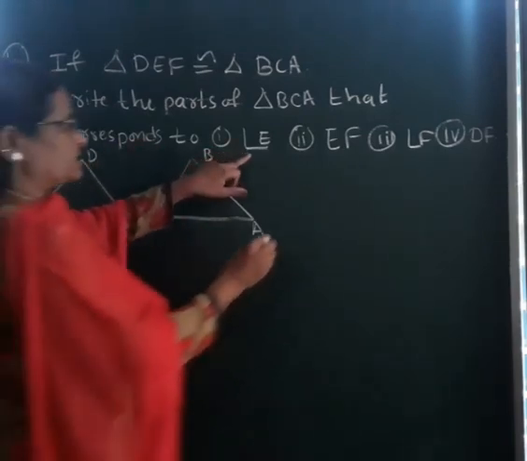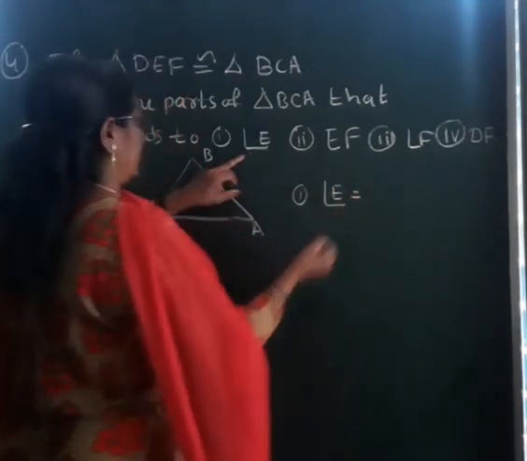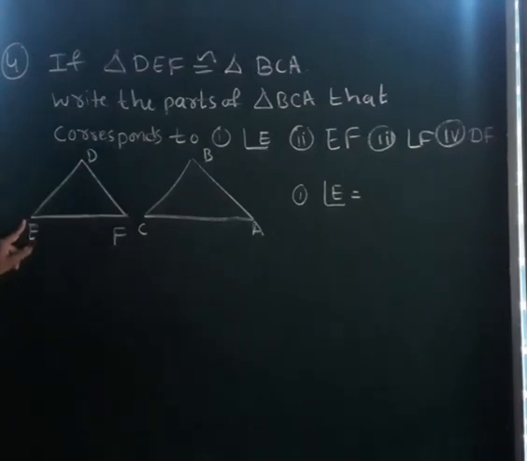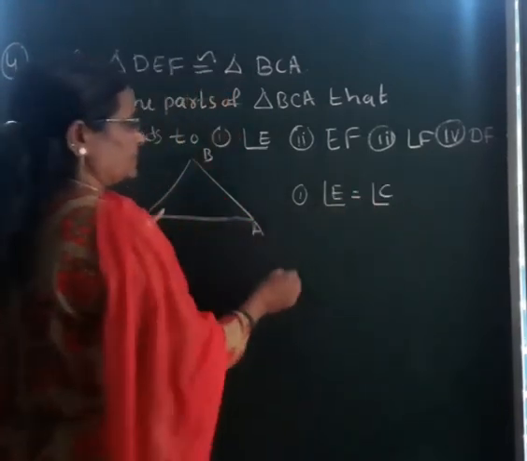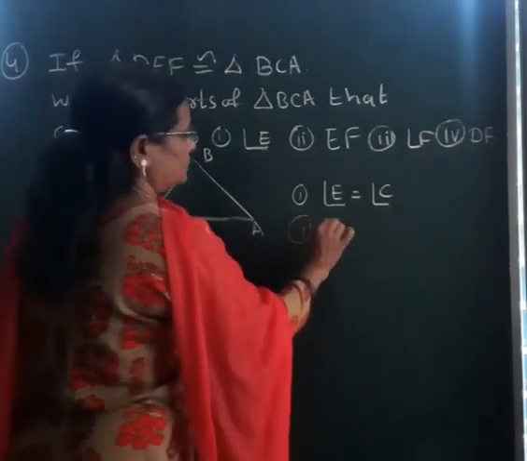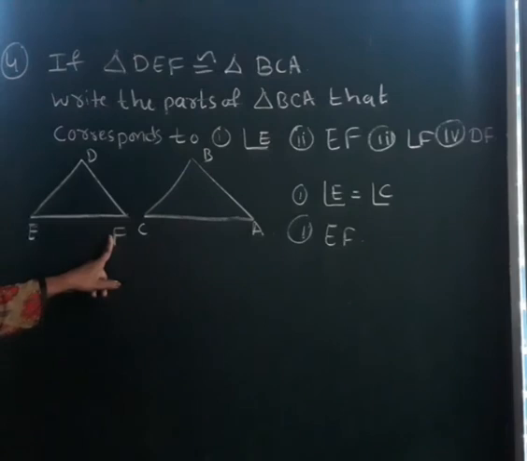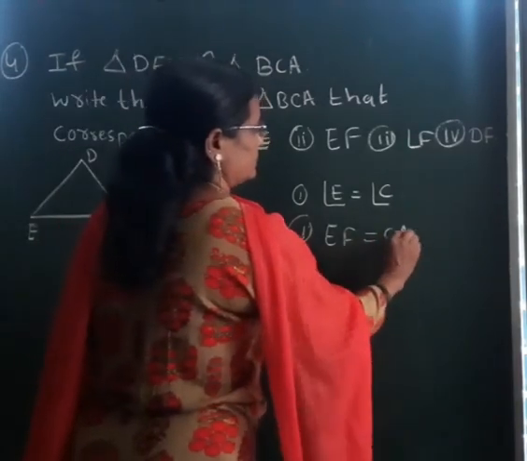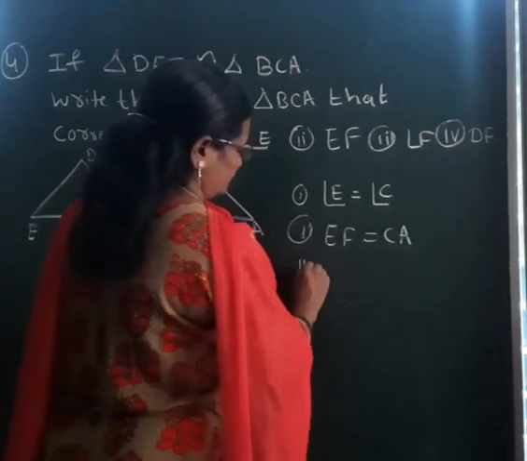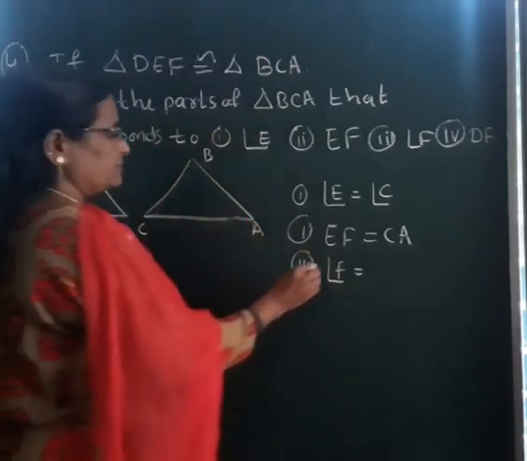First, we have to write the corresponding angle of E. Which is the corresponding angle of E? C. So you should write angle C. Second one, EF. Where is EF? EF corresponds to CA.